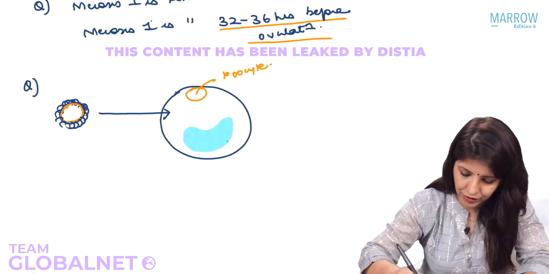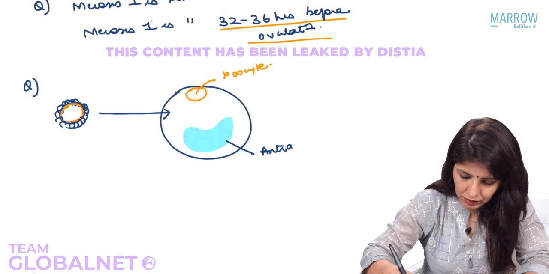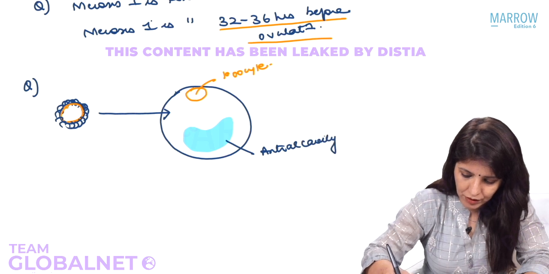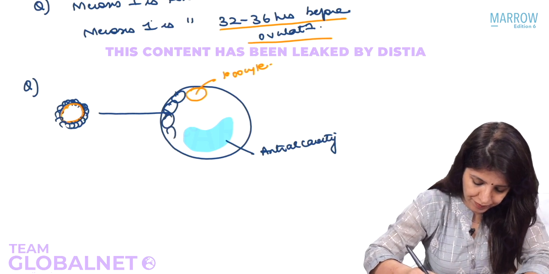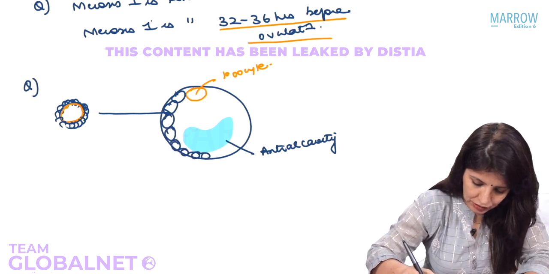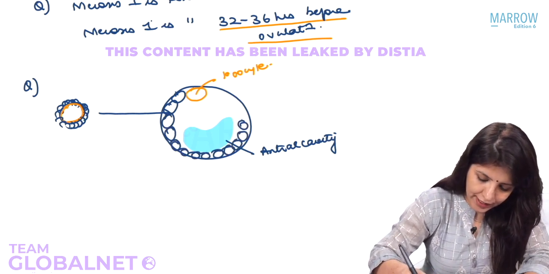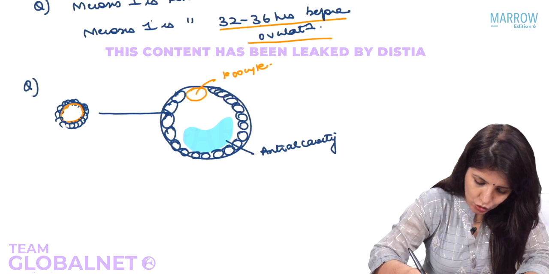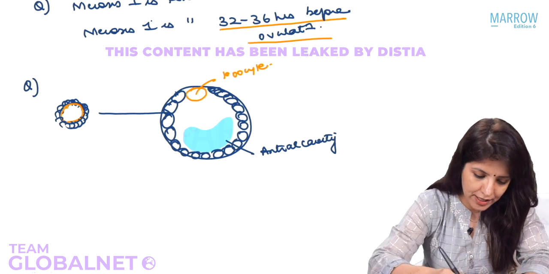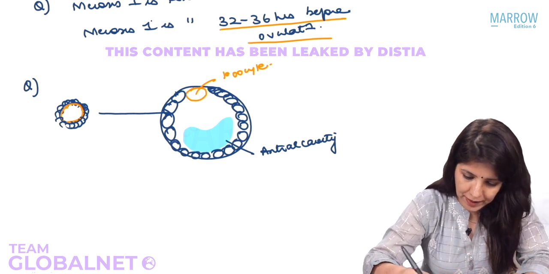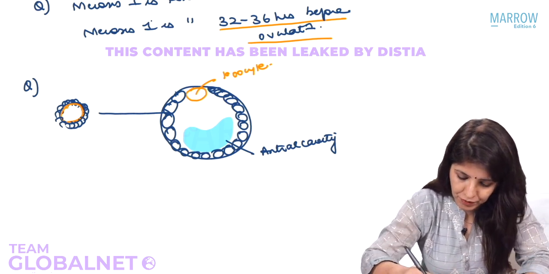This is the antral cavity, right? And it will be surrounded by the granulosa cells. Now, there are certain granulosa cells which will come and surround the primary oocyte directly. I am drawing them with a different color, a pink color, right?